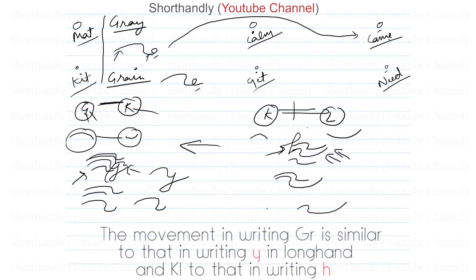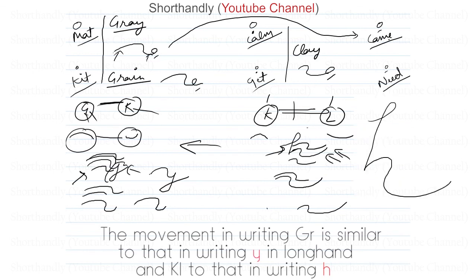Let's take another. Suppose we have clay. Of course, it includes the K character and the L character. So clay is made like this. You notice here that the motion is like the character H in longhand.